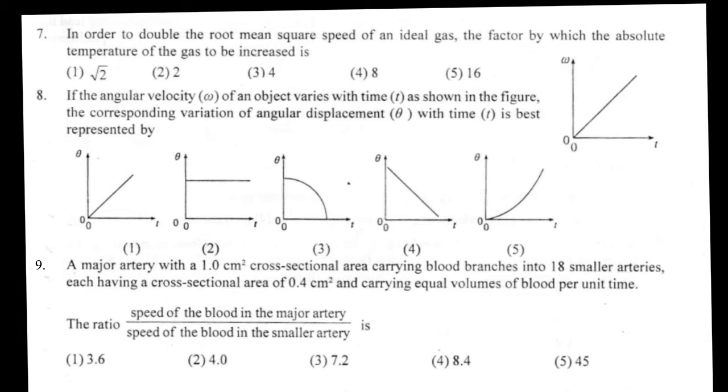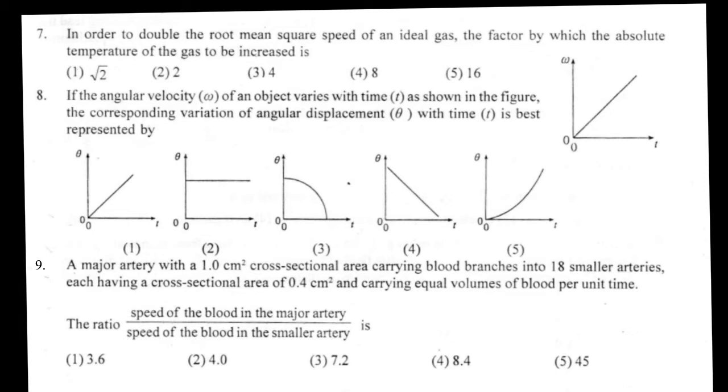Volume of blood per unit time is 0.4 into V2, and it has 18 arteries. So the volume of blood per unit time in all arteries is 18 into 0.4 into V2, and this volume of blood flowing in the major artery and in all 18 small arteries are same.